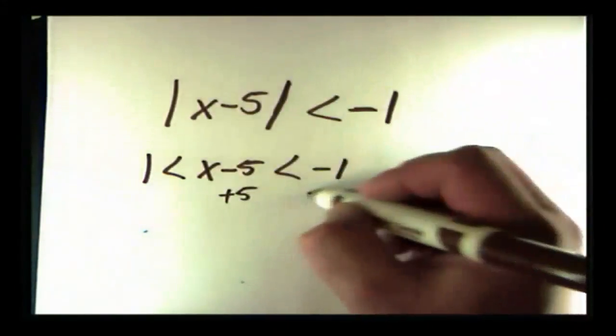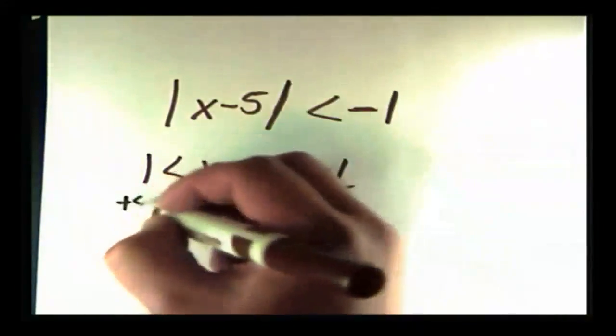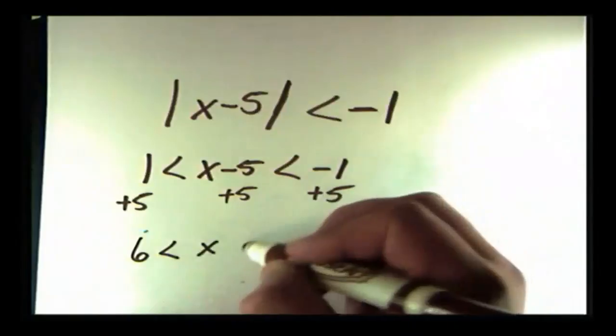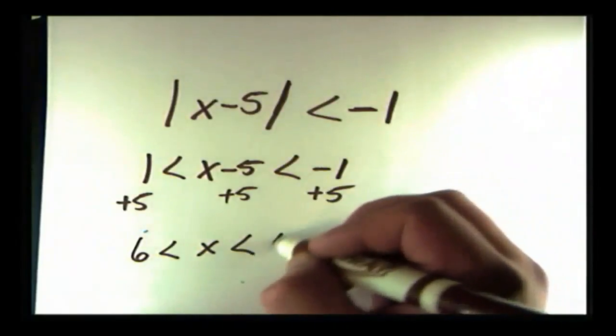Automatically this should start making sense about why this is the empty set. Because if I add 5 here, and what I do to one side of an equation I have to do to the other, so I'll add 5. Well, that's going to give me 1 plus 5 is 6, which is less than x, which is less than 4.